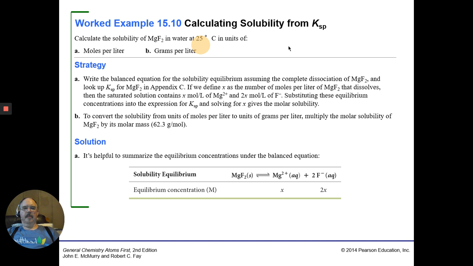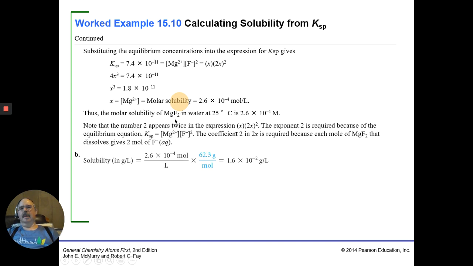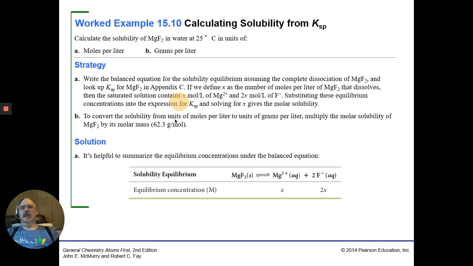And at equilibrium we have x for magnesium and we have 2x for fluoride. The second part of the problem, grams per liter, simply involves using the molar mass, 62.3 grams per mole.